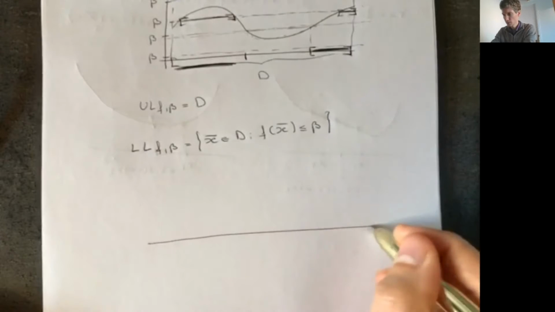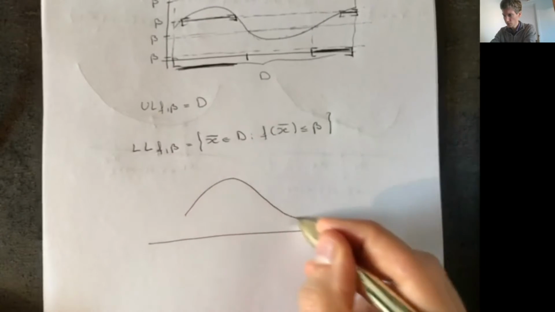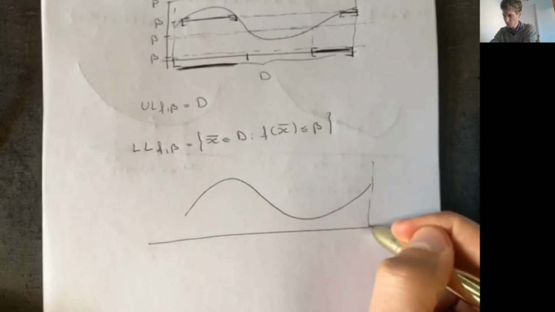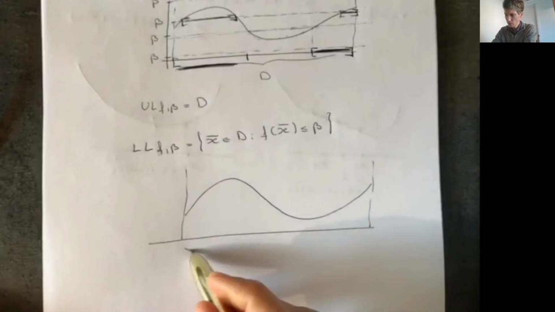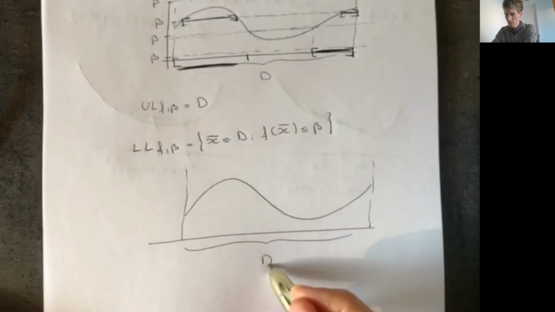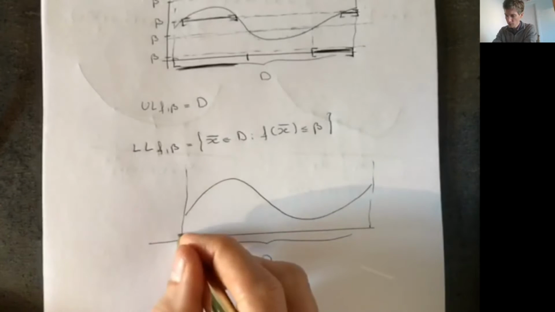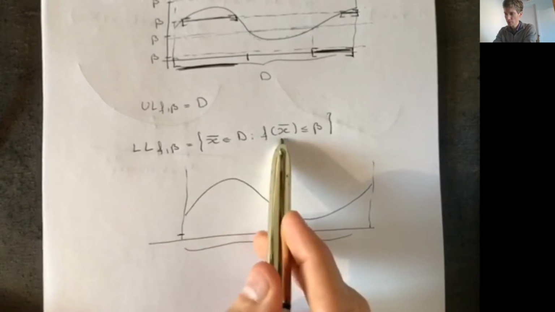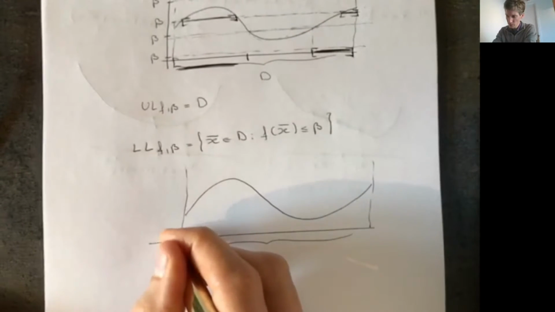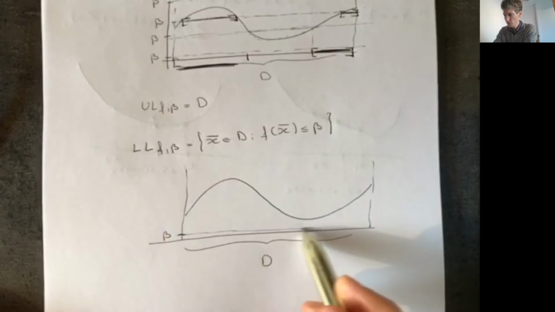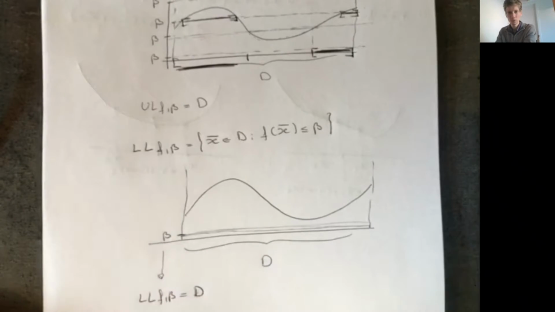So for example, if I try to draw the same function, here I have my domain. What are all the x's such that f of x is lower or equal to beta? Here I have beta. For this value of beta, my lower level set is equal to the domain.